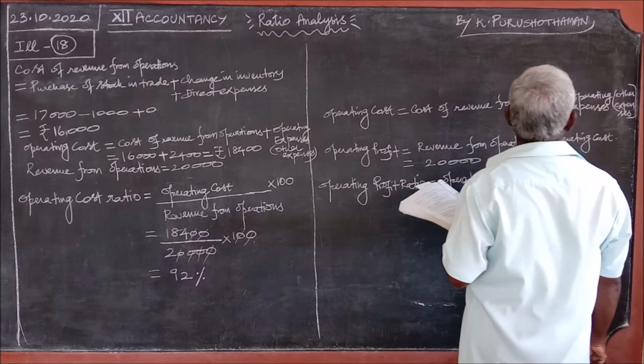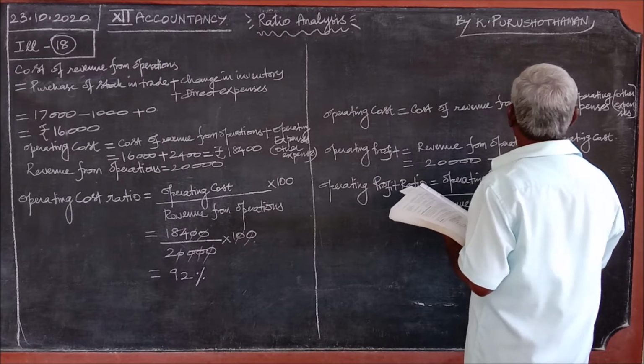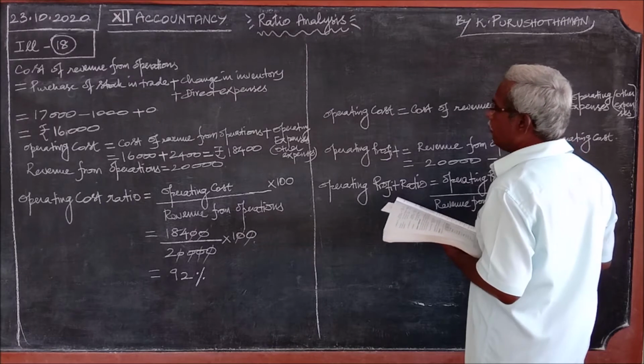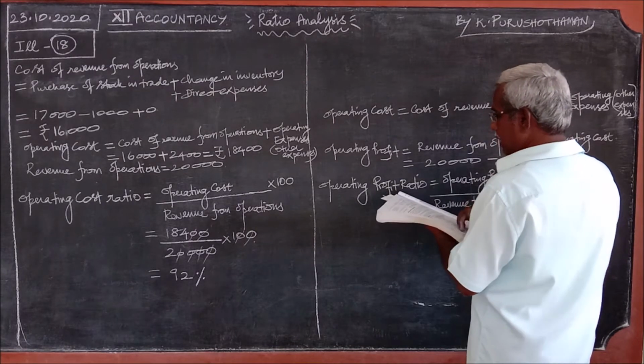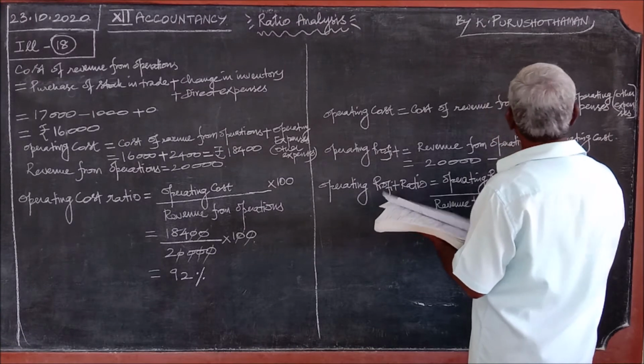So what is the amount of operating expenses? That is other expenses. It is given there in the problem, 2,400.